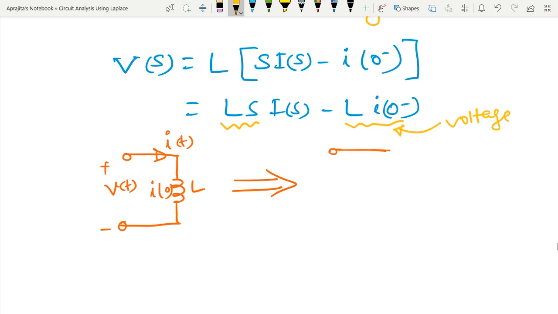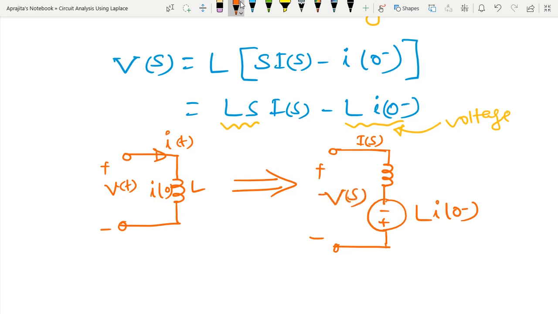So basically my equivalent circuit you can see in the other domain, that is called frequency domain, or you can interpret it as the Laplace domain, and this is negative, plus, positive. So this is the effect of the initial condition. And after that I have this, and here plus and minus, and this is the V(s).